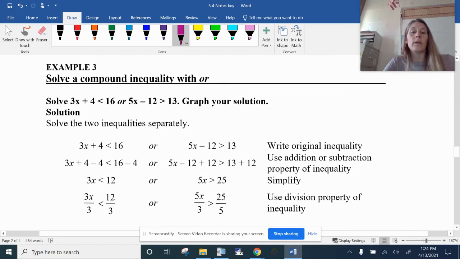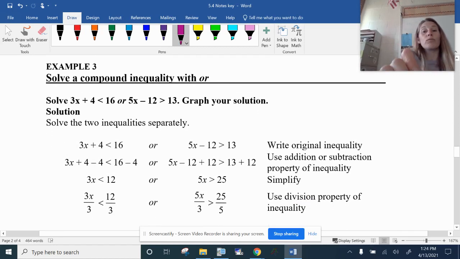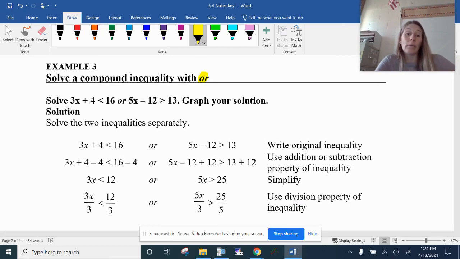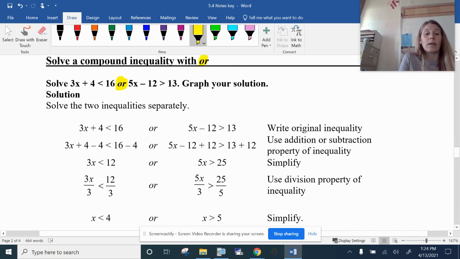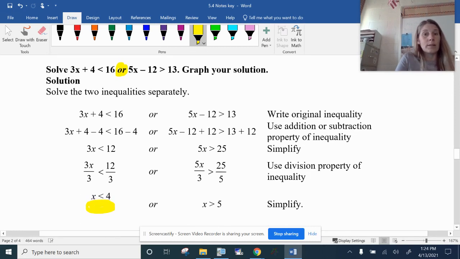All right, now solving a compound inequality with an OR is really simple because it's just like doing two small separate problems. You just put both of the graphs on the same number line, and they should be on the two ends like little oars on a boat. So in this example, the first problem, 3x plus 4 is less than 16. We subtract the 4, divide by 3, and we have our first answer.